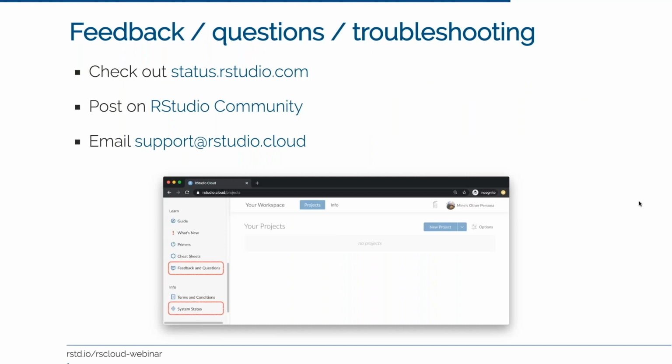If you have any feedback or questions, or RStudio Cloud isn't working and you need some troubleshooting, the first thing you can do is you'll see on the left-hand side on the menu, at the bottom, a link to system status, which will take you to status.rstudio.com, and there you can see all the hosted services that RStudio runs, one of which is RStudio Cloud, but also things like shinyapps.io as well.